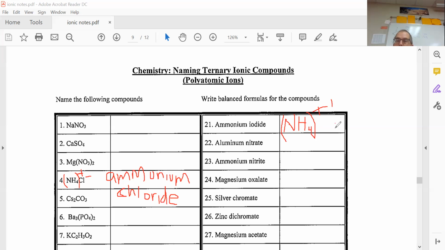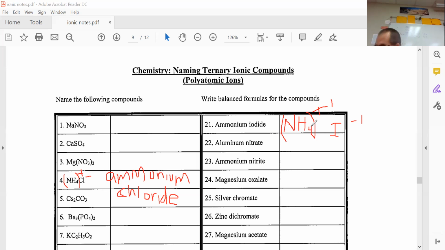Iodide is a halogen, and we can look that up either on the common ion chart or family 7 and see it's -1. Is this balanced? Yes, a +1 and a -1. This 4 is part of the ion, so it's not a balancer. So do we really need the parentheses? No. Do we need the charges? No. But if you have them in there, it's like you're showing work.